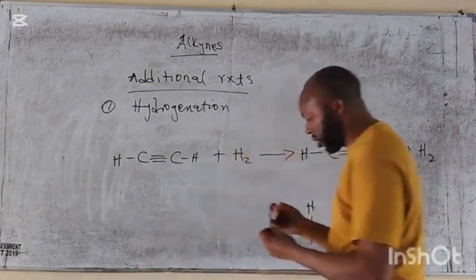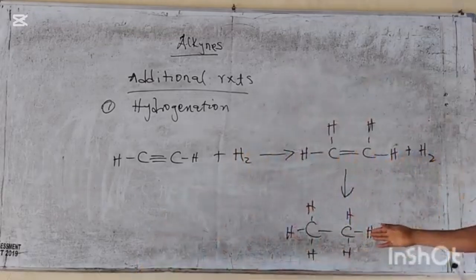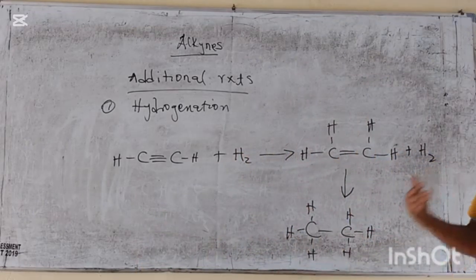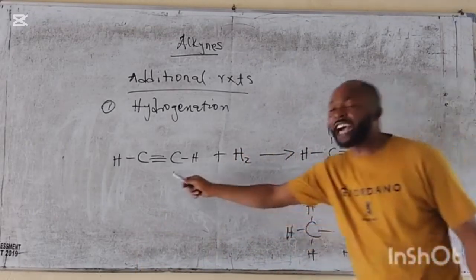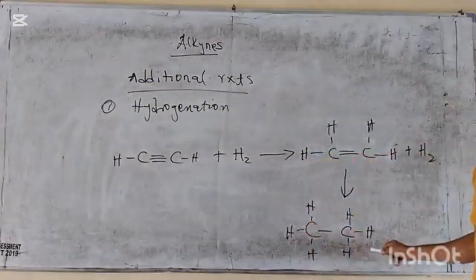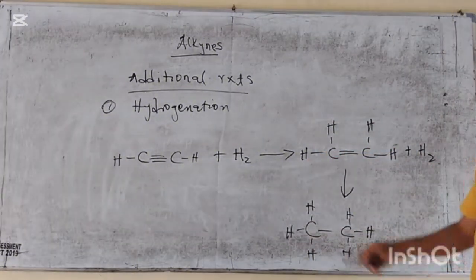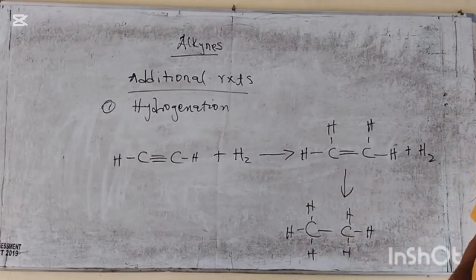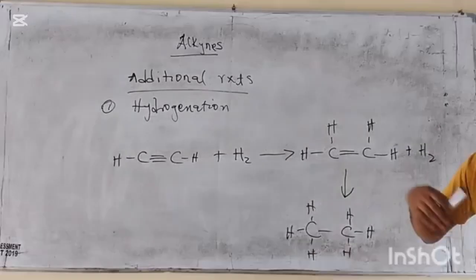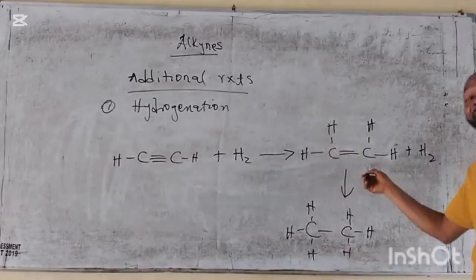This becomes ethane. So, complete hydrogenation reaction of ethyne will give you what? Ethane. Complete, which means it has to undergo the reaction over and over. Now, if it is not complete, with just one hydrogen molecule, it will give you ethene.